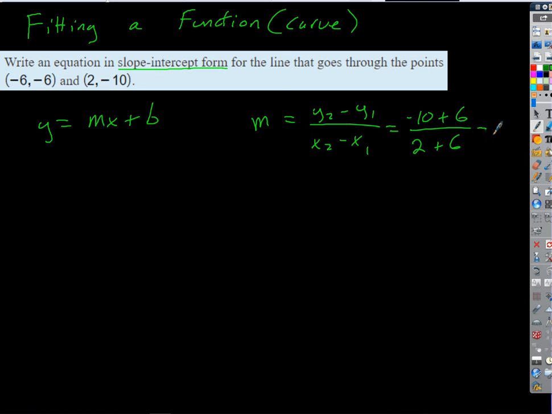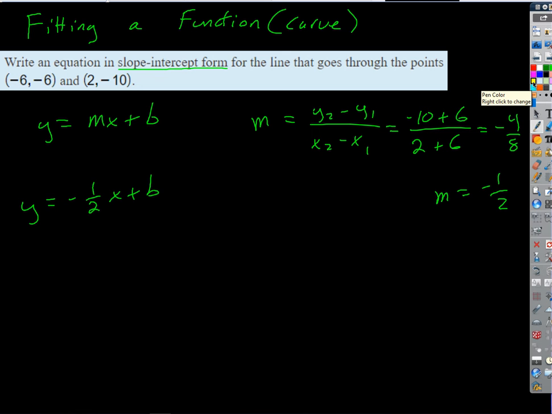Okay, so that gives us -4/8. So we're halfway there. So we know what m is. And then the way we talked about this, from there, what could we do?